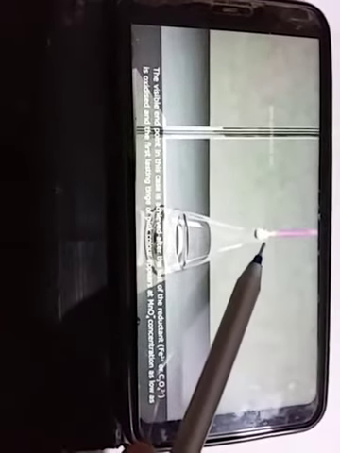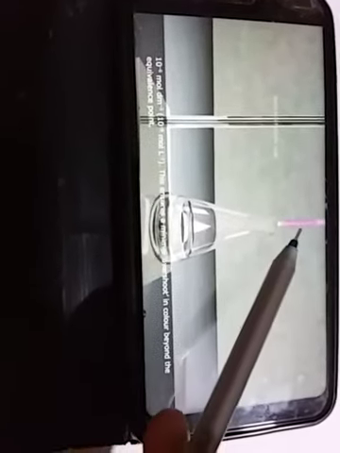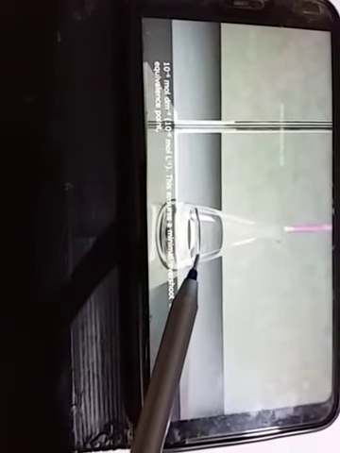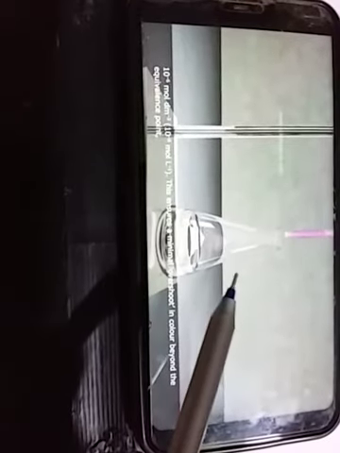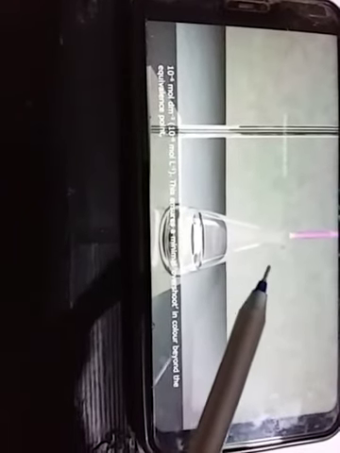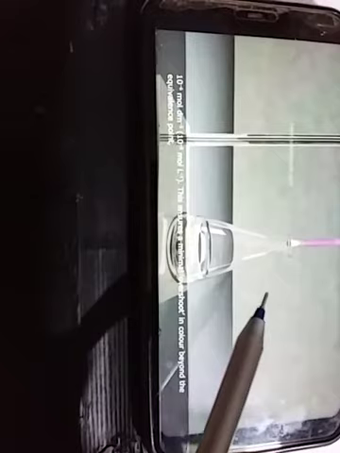See, this is the conical flask and the burette dropwise falling down in the conical flask. This ensures a minimal overshoot in color beyond the equivalence point.